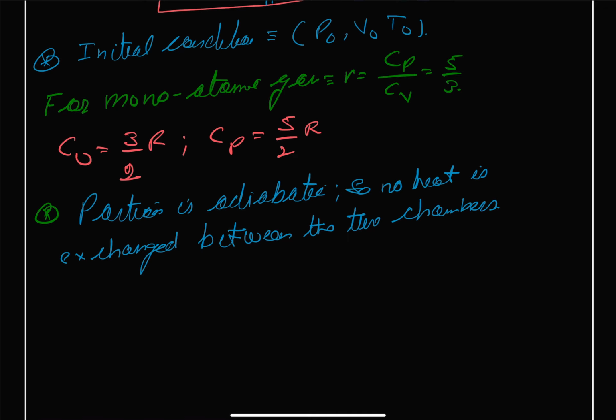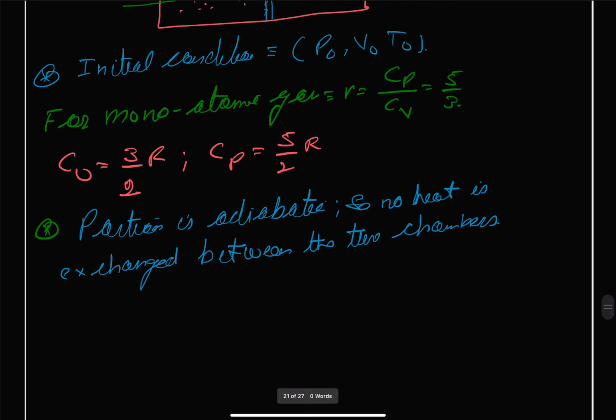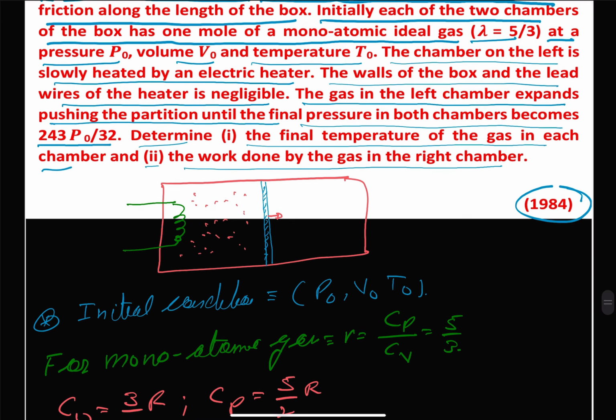And it says that the movement of this partition continues until the final pressure in both the chambers becomes 243 P0 by 32.